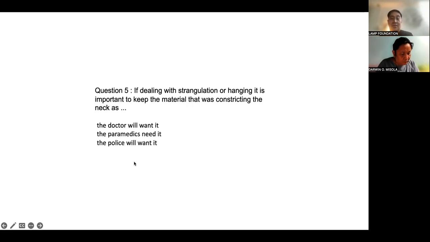If dealing with strangulation or hanging, it is important to keep the material that was constricting the neck. Keep the casualty warm? I think the doctor will want to see it, and the police. Which is the best answer?